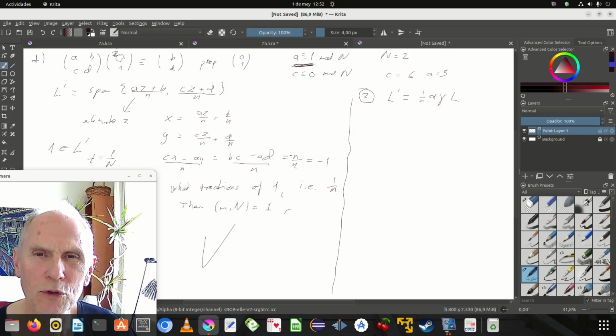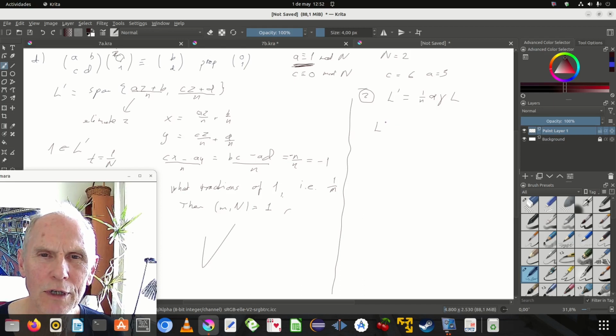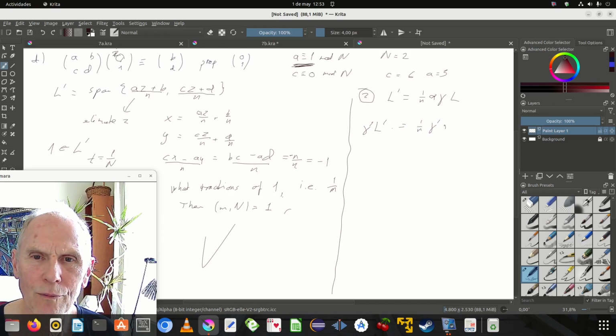I don't know if we should skip this gamma, but let's write it. And then assume that, putting a gamma in ahead, then this is L mark.